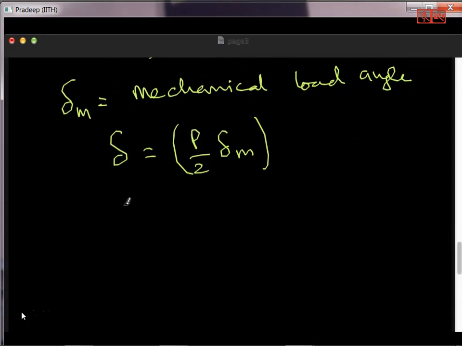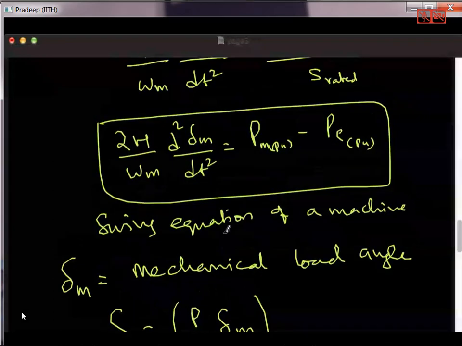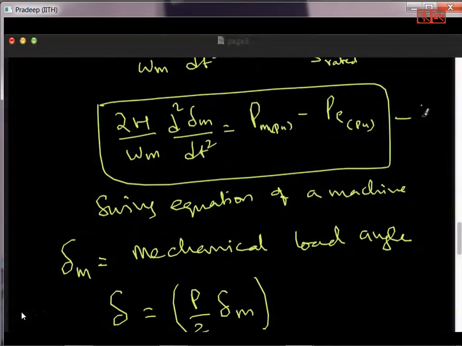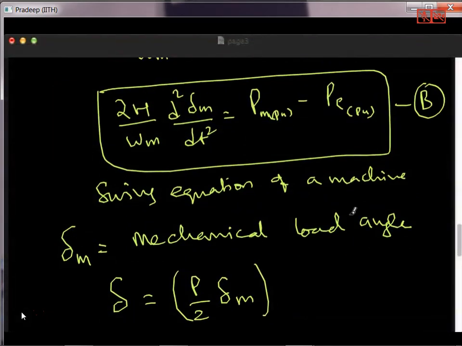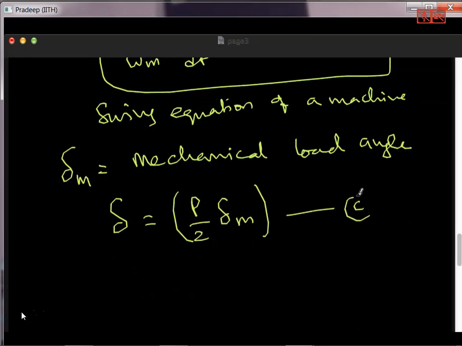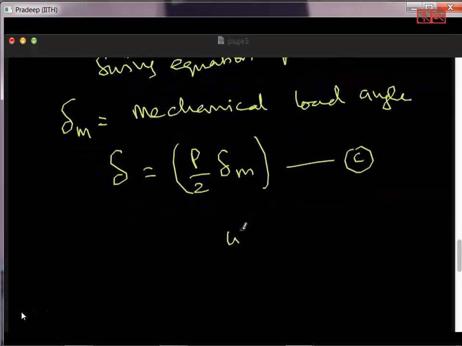Now, I have to make one more substitution. So, let's call this equation B and let's call this equation C. Now, what is omega_m? Omega_m is the radians per second angular velocity of the rotor, mechanical angular velocity. So, same thing will happen if I do this. I'll get electrical omega, just omega. This is electrical omega, this is electrical delta.